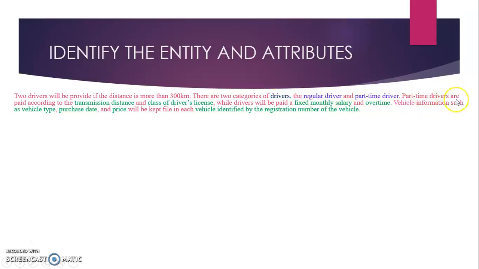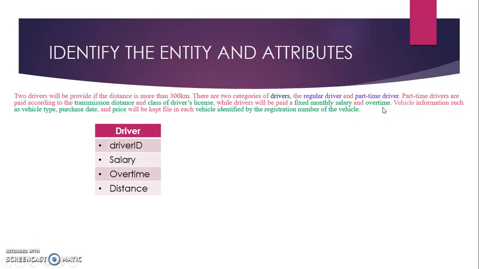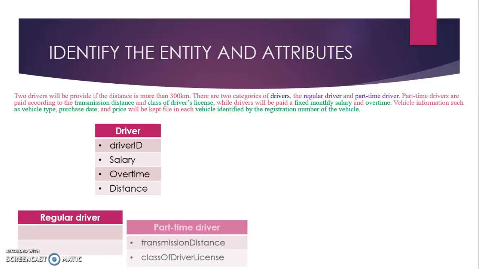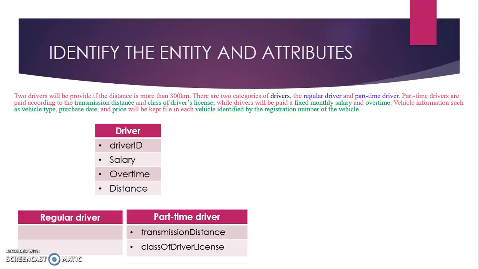Part-time drivers are paid according to the duration, distance and process of the delivery, while regular drivers will be paid a fixed monthly salary and overtime. So we have to apply the inheritance concept, with two categories: regular driver and part-time driver.